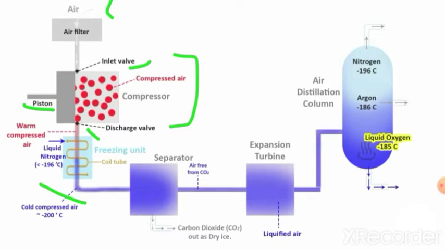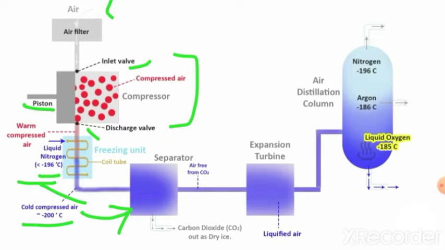So in this flow sheet we have liquid nitrogen, whose temperature will be very much less than its boiling point, which is minus 196 degrees Celsius. Liquid nitrogen cools the atmospheric air, and now the temperature of the air is minus 200 degrees Celsius. This cold compressed air will now pass on to a separator.